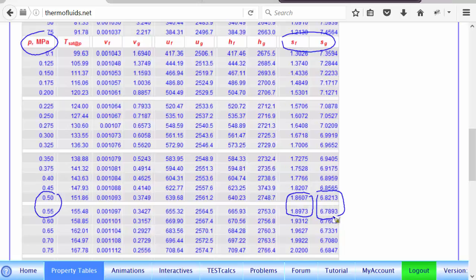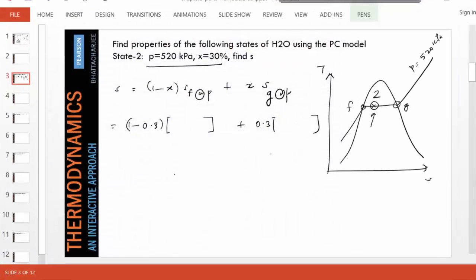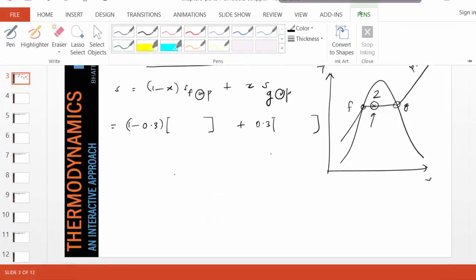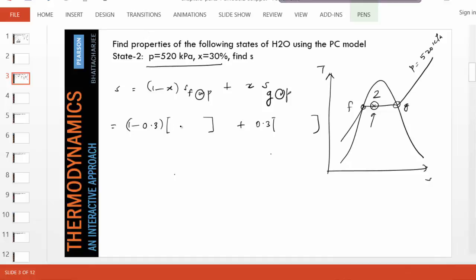Let's say 6.81 is our value. So with that in mind, let's go back and plug these numbers in. I believe they were 1.87 we decided, and 6.81.